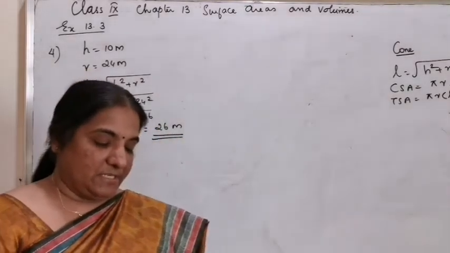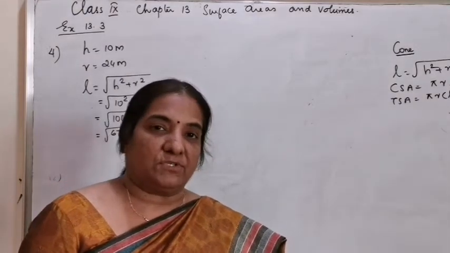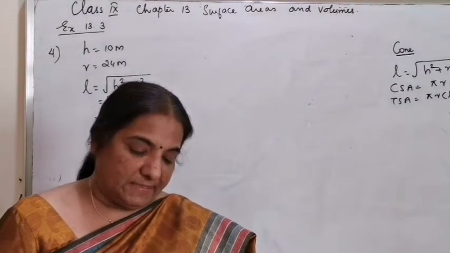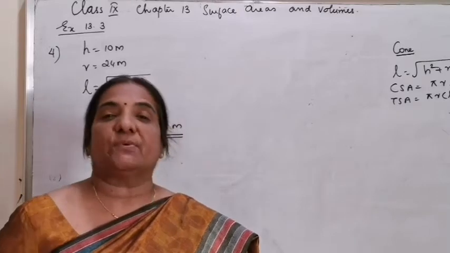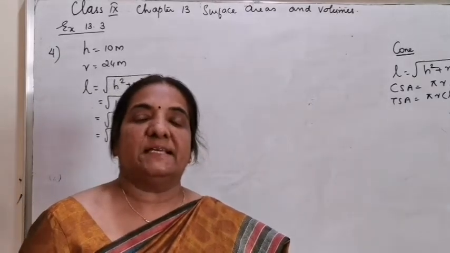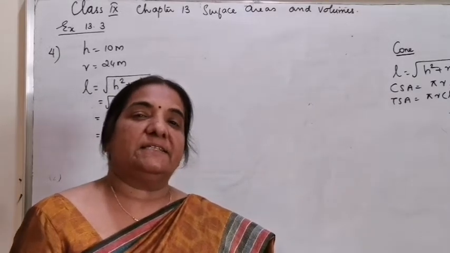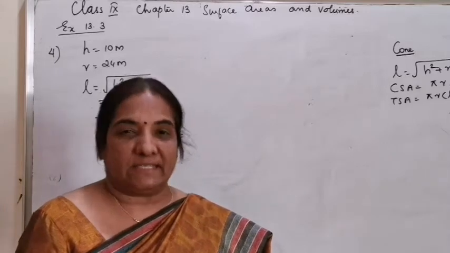And now the next question is the cost of canvas required to make the tent if the cost of 1 meter square canvas is rupees 70. Normally when the tent is made, we need only the curved surface area.